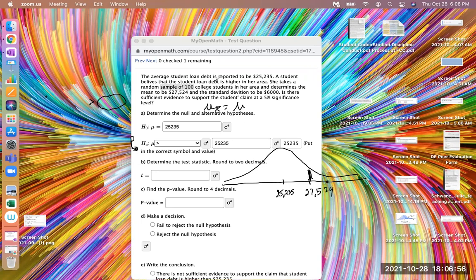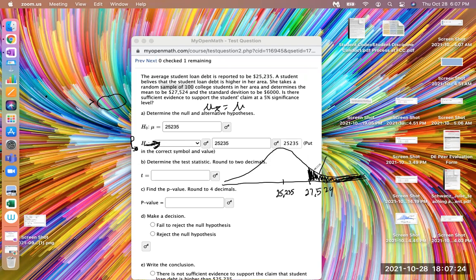And then they say we want to find the probability that you have a sample like this or higher. So this is a right tail test. It gives you information on what side to shade from the 27,000. We know to shade because the arrow from this inequality is facing to the right, so we shade to the right of this.